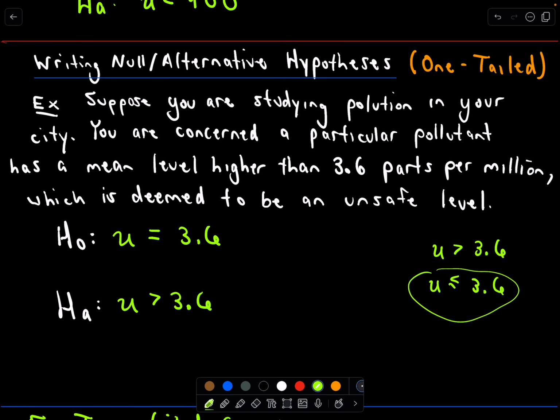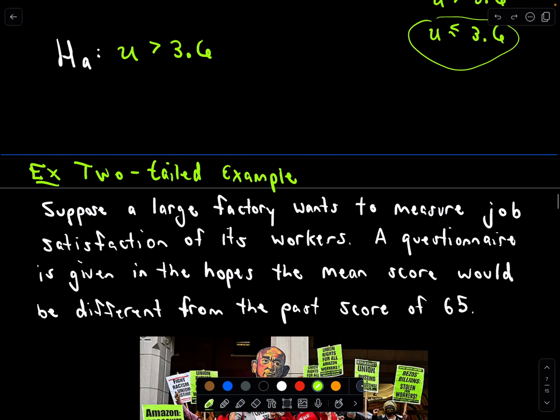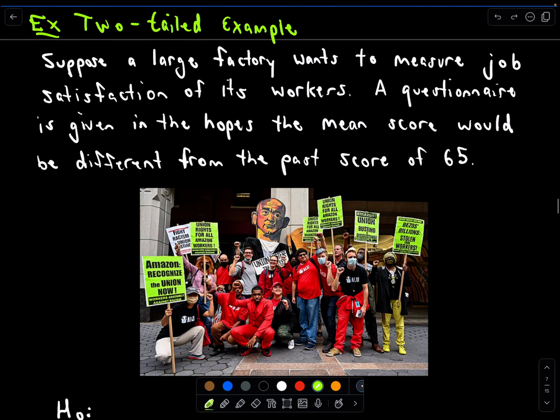And again, sometimes you'll see it written like this, so that we've got our equal sign. They'll put off to the side, oops, really we mean less than or equal to. So you may see it written this way quite often. Okay, so that would be our null and our alternative hypothesis. Let's look at another example.